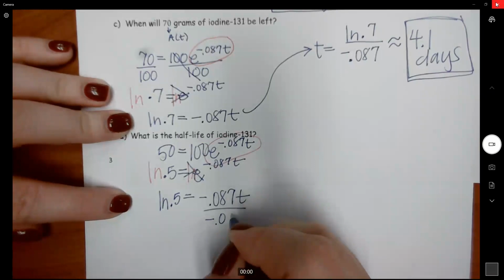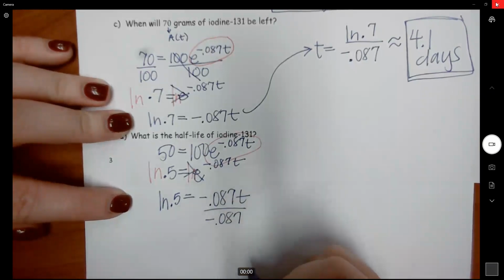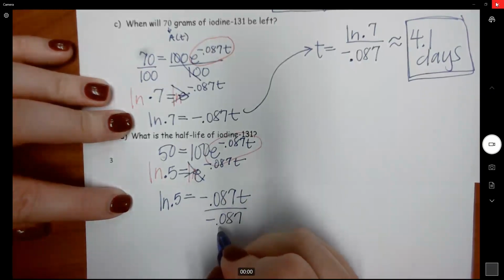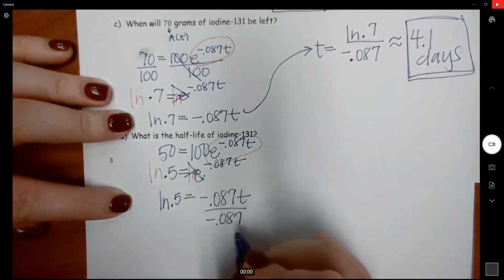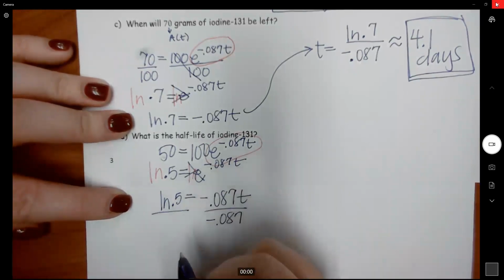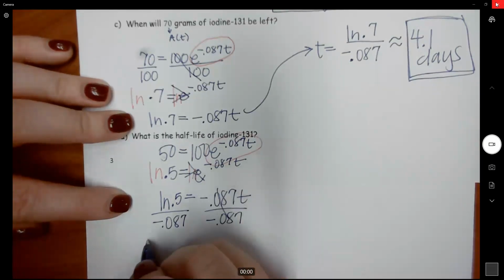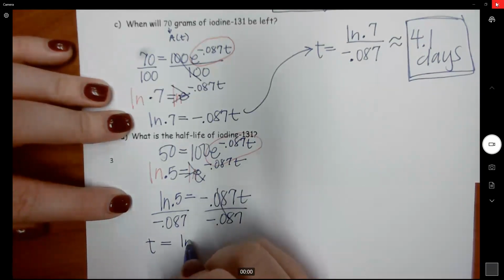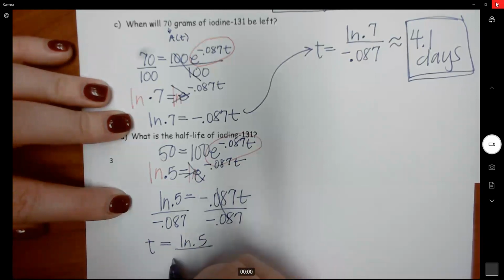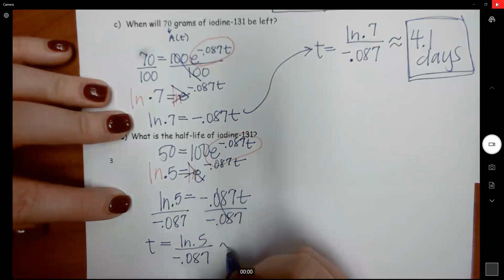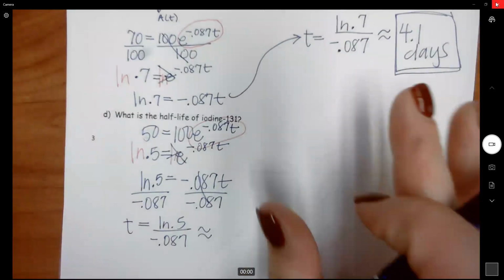So then divide both sides by negative 0.087. So t equals the natural log of 0.5 divided by negative 0.087, which is going to be about what?